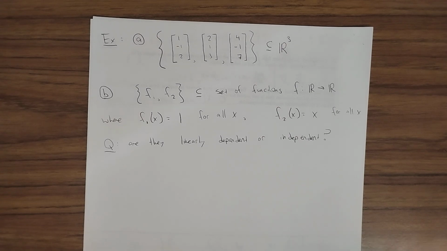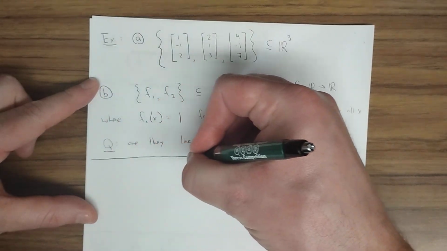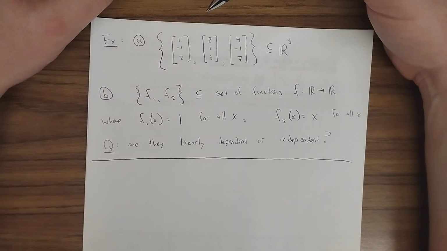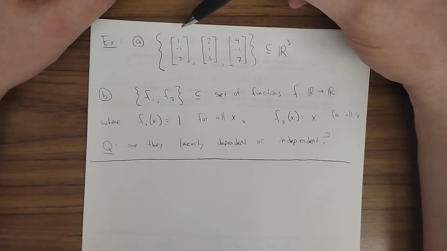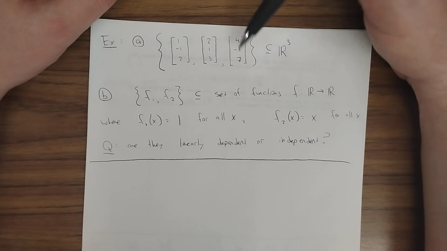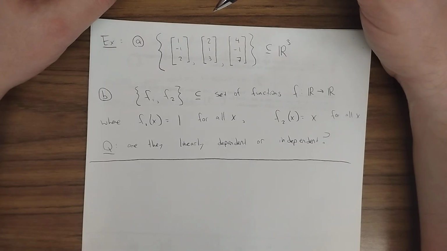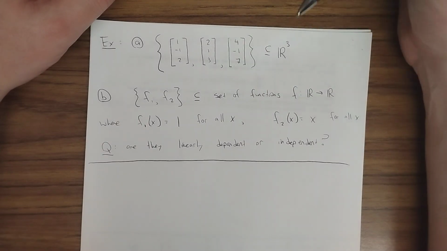So let's do something with that. Here's an example. I've got 3 vectors in R3, so these are 3-dimensional vectors. Each one has 3 coordinates. They're written as column vectors. And we're going to ask, are they linearly dependent or independent?